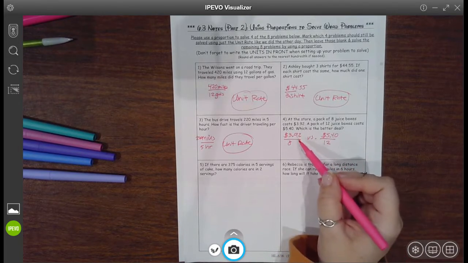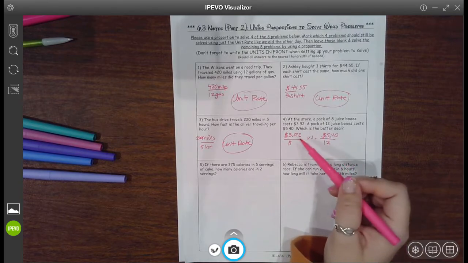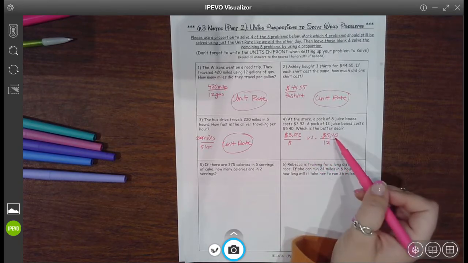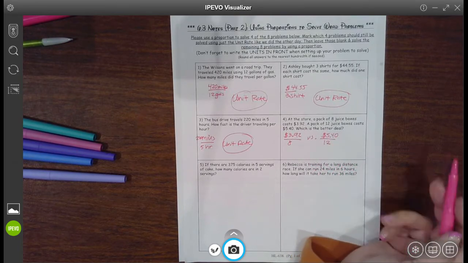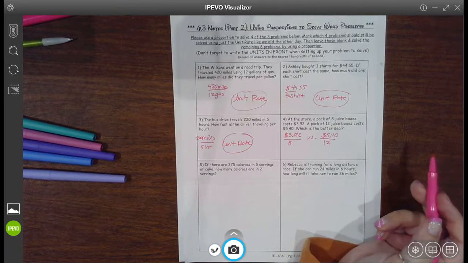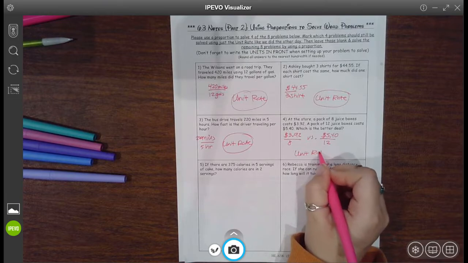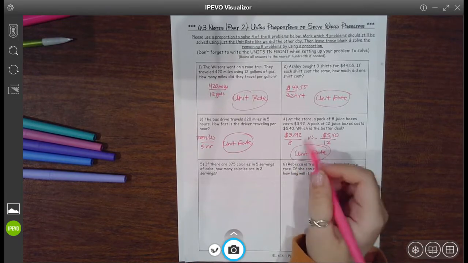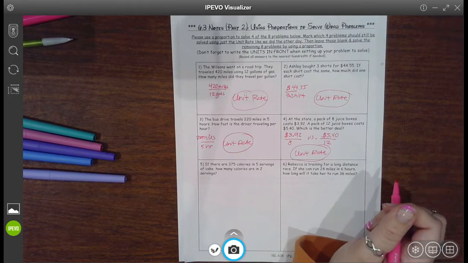So you divide both of these by 8 and both of these by 12. Then you figure how much it is per one juice box here, and per one juice box here, and whichever one is cheaper would be the better buy or the better deal. So again, you'd be finding the unit rate twice, and then comparing which one's cheapest.